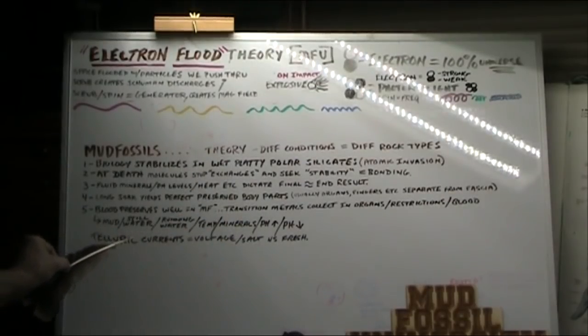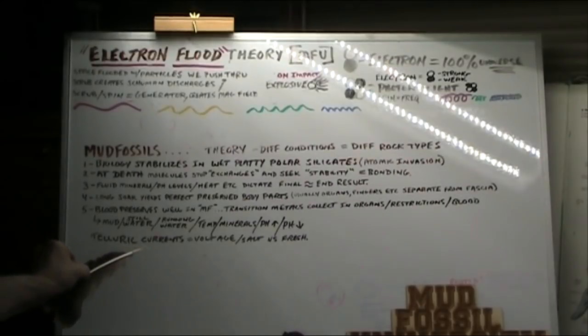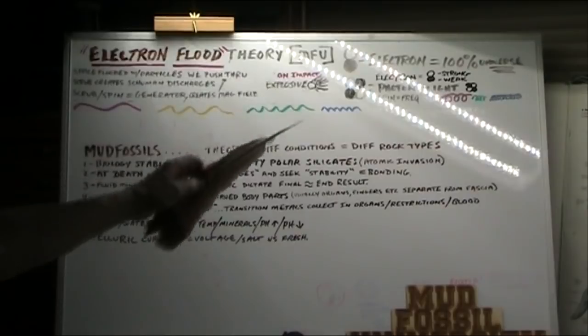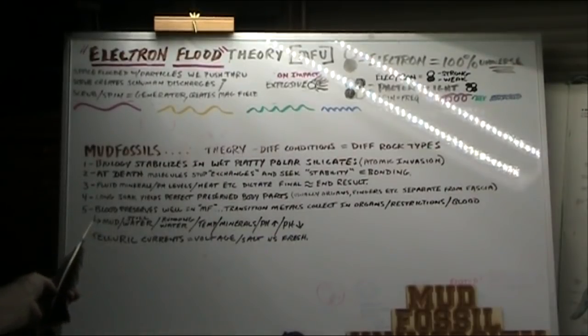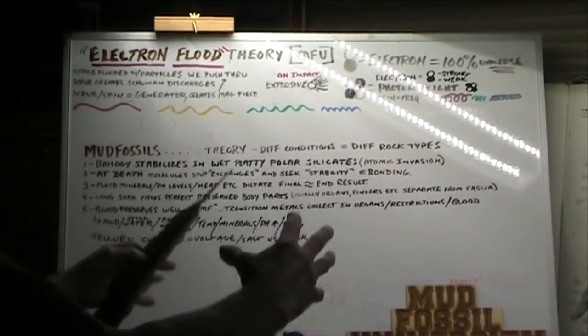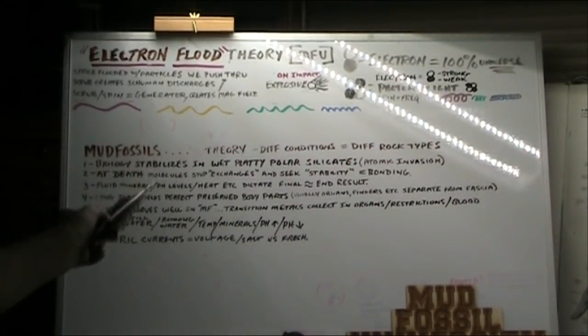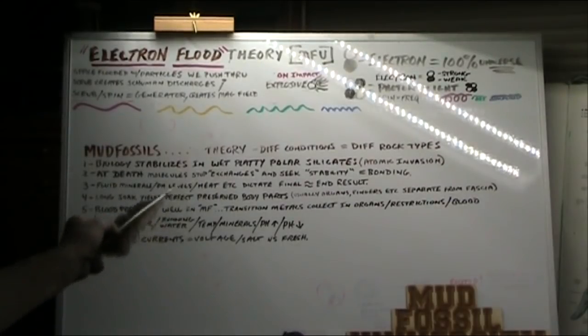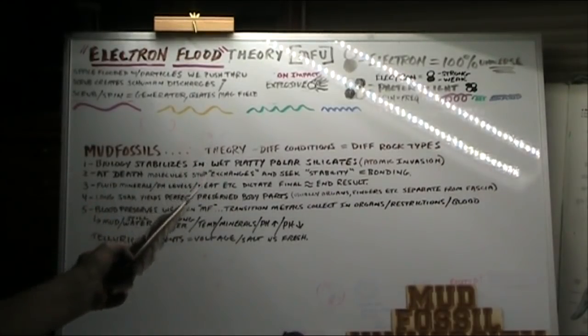And then there's another thing called telluric currents. Telluric currents are the electricity that flows into the earth all day, every day. It's the absorption of electricity into the earth which flows through all the atomic particles, creating this invasive chemistry.